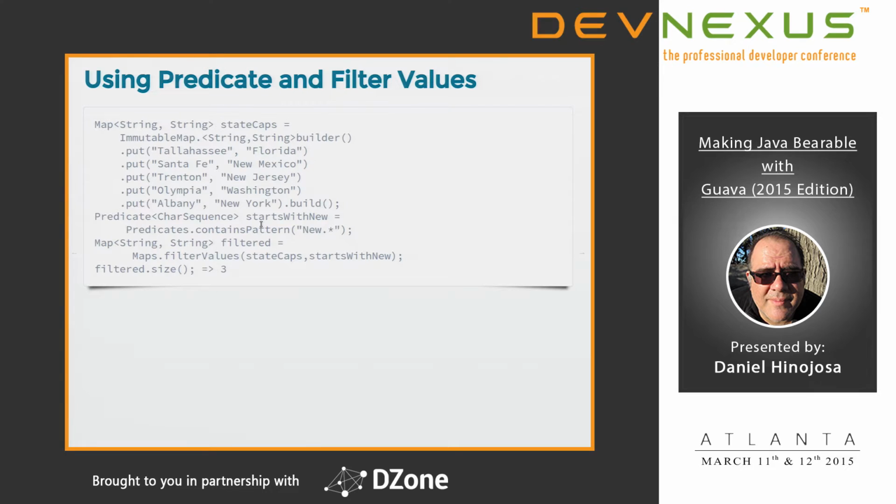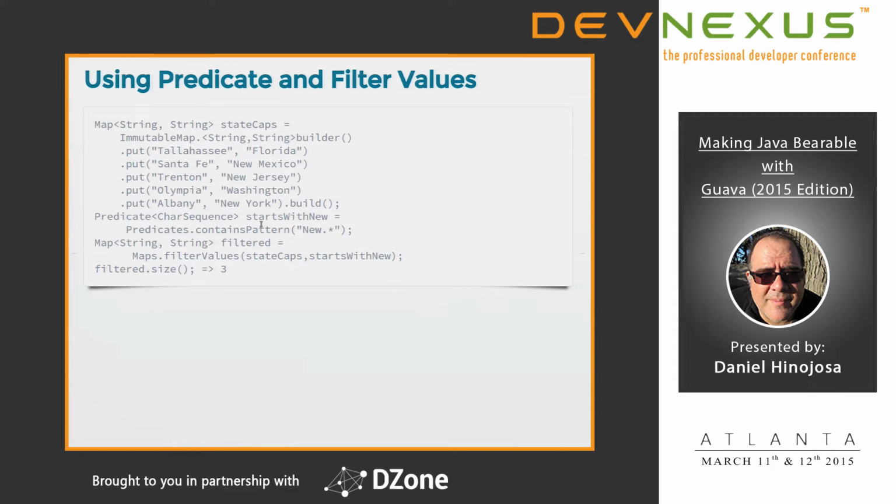Now take a look at this one. Let's say I want to go through this map and I want to filter everything in the values. So in other words, generate for me a new map and filter out the values by a regular expression. Okay? And again, imagine doing this in Java. This is going to take you a while. But with this one, all I have to do is think about this functionally.